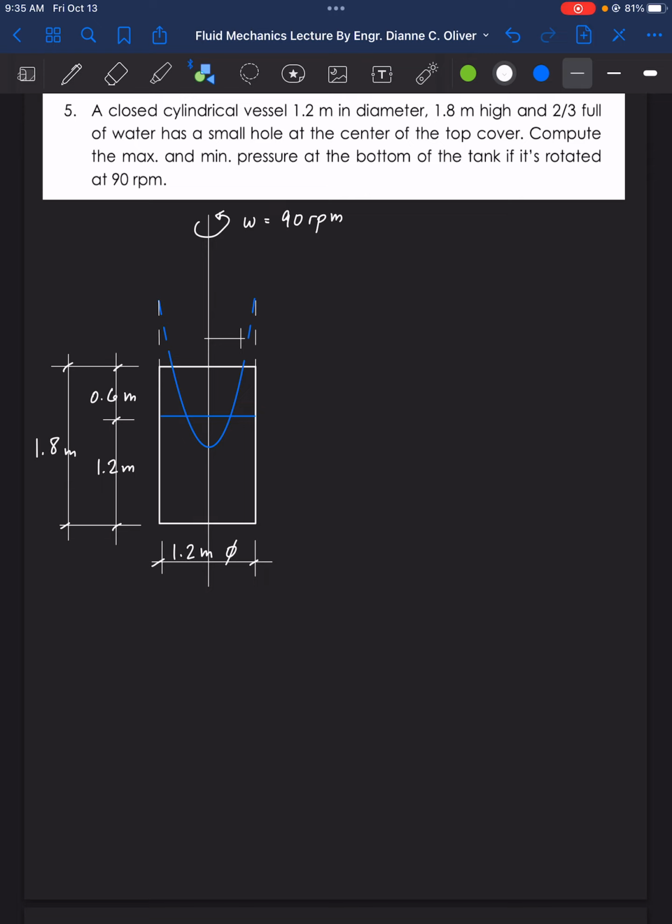There's a radius formed here, and of course our original radius, the height of the paraboloid inside, and what's the height here, total height.